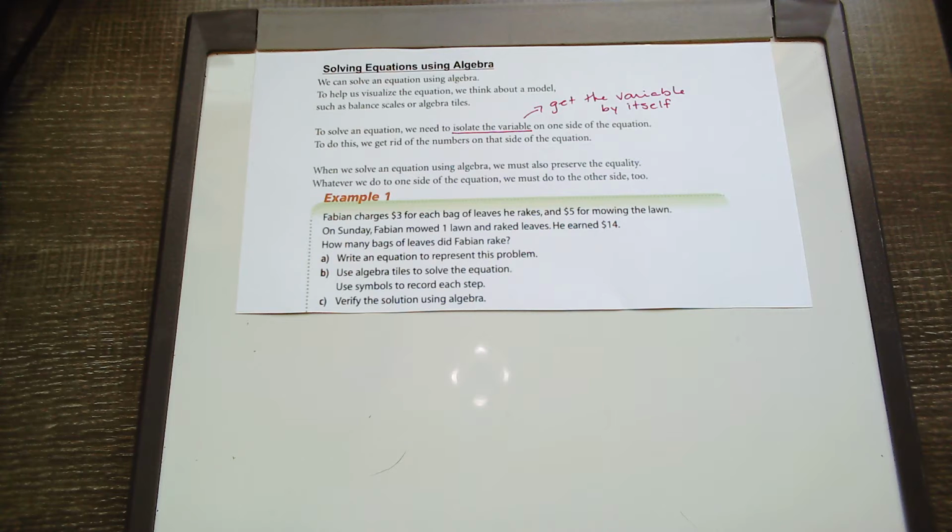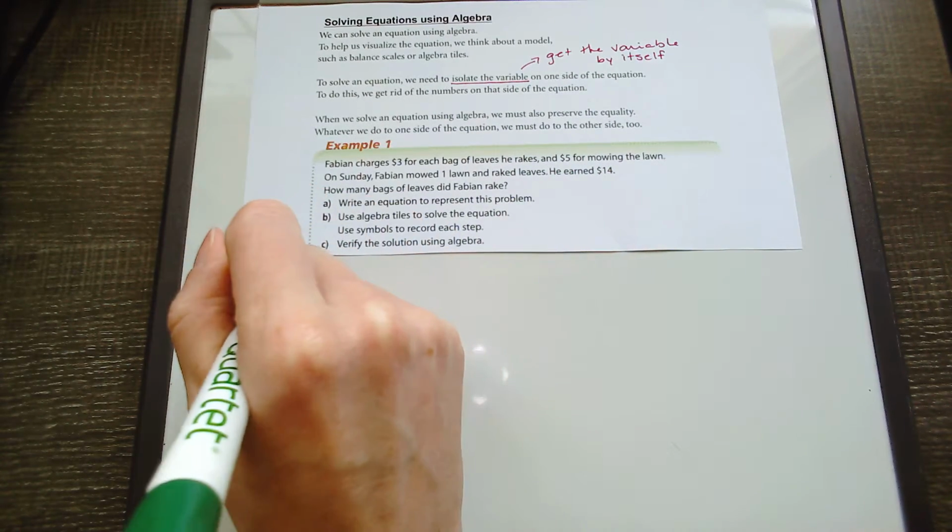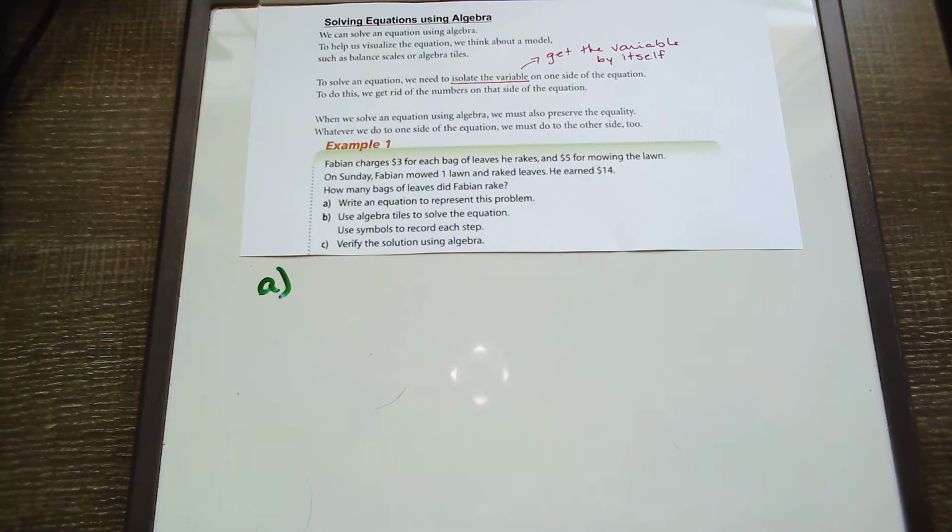Example 1. Fabian charges $3 for each bag of leaves that he rakes and $5 for mowing the lawn. On Sunday, Fabian mowed one lawn and raked leaves. He earned $14. How many bags of leaves did Fabian rake? The first thing it asks us to do is write an equation.